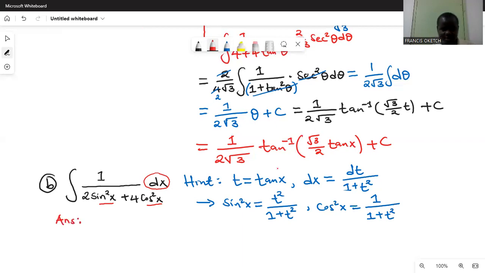Just the same thing that I've done in part A. So the answer here, you need to get 1 over 2 root 2 times tan inverse of 1 over root 2 times tan x plus a constant c.